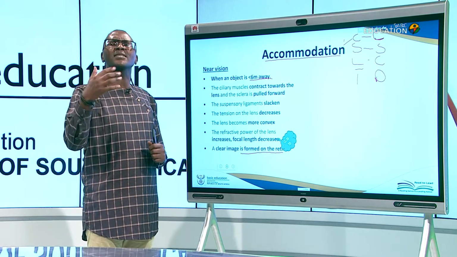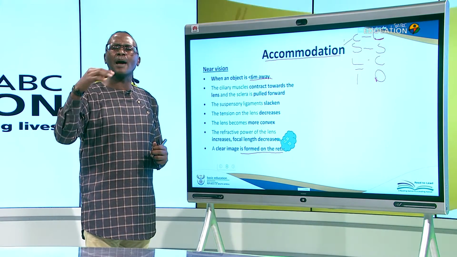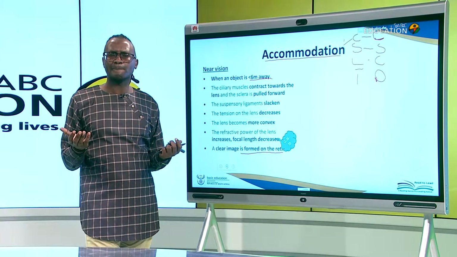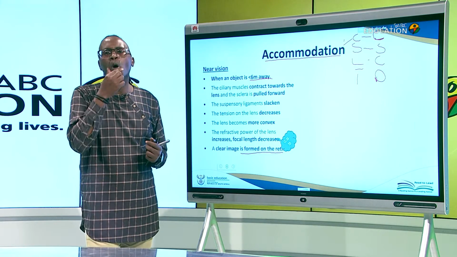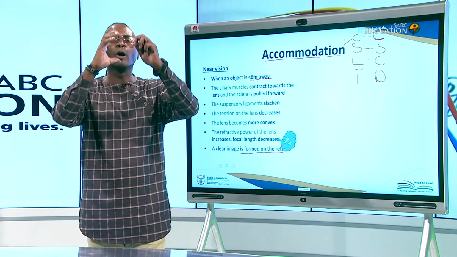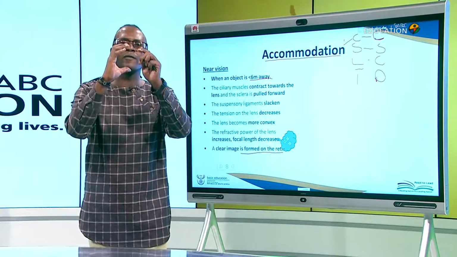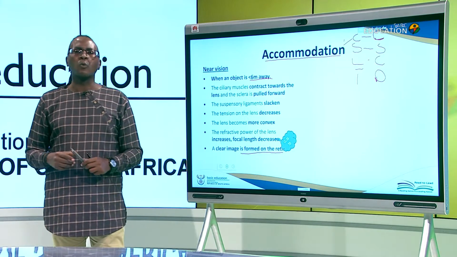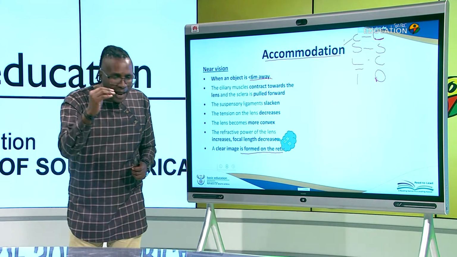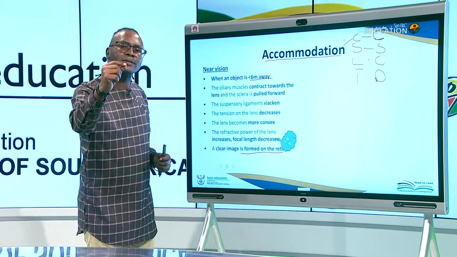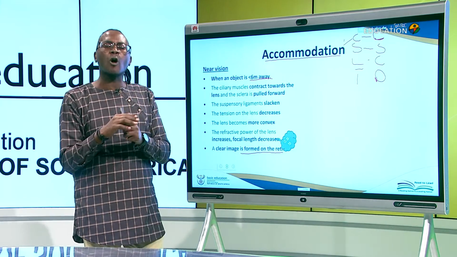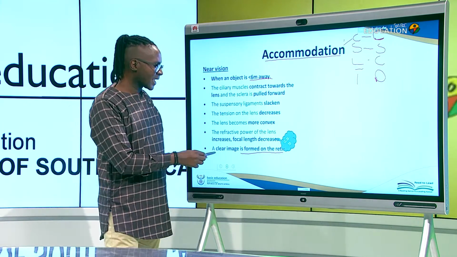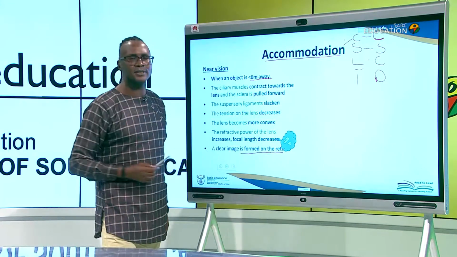When the suspensory ligaments slacken, there's no tension on the lens, so the lens becomes more wider, more round, more convex. Then the focal length decreases because our lens is more convex. Then the image is formed on the retina.